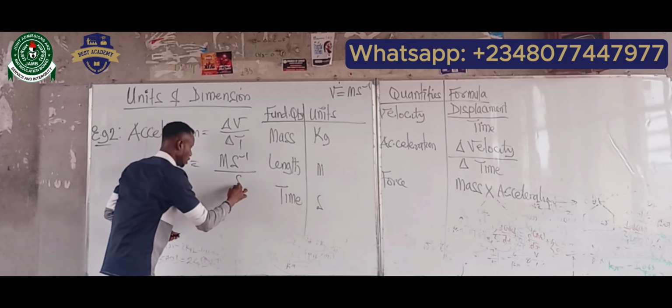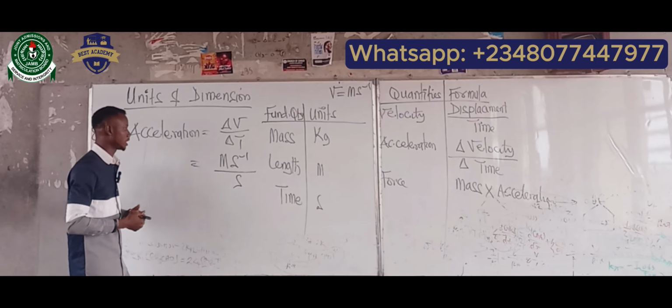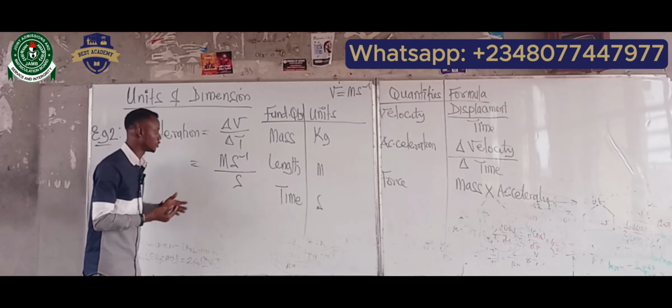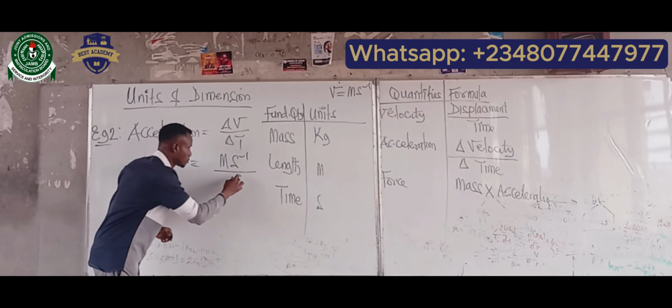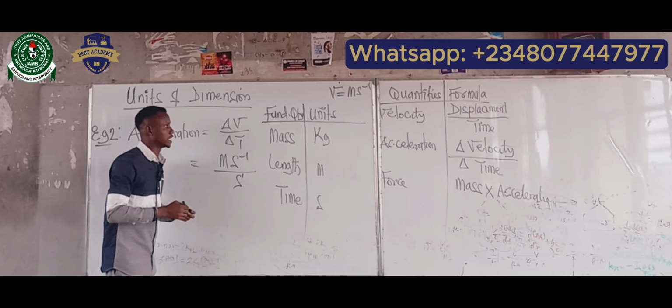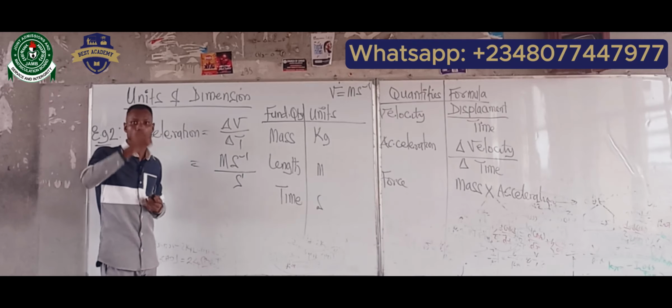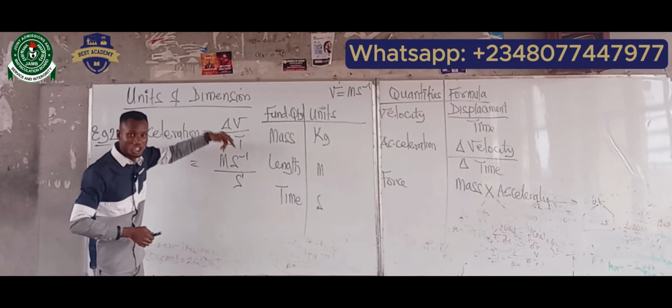You replace this. Now I told you guys that in terms of unit, we always express units in a linear form. So how do I express the unit in a linear form here? I have to take this second from denominator to numerator. There's a +1 here, and I told you again that whenever you are taking anything from denominator to numerator, the sign of the power will change. The same thing applies when taking anything from numerator to denominator.